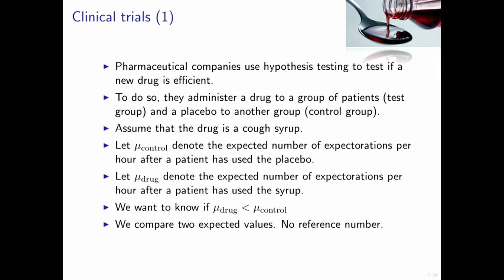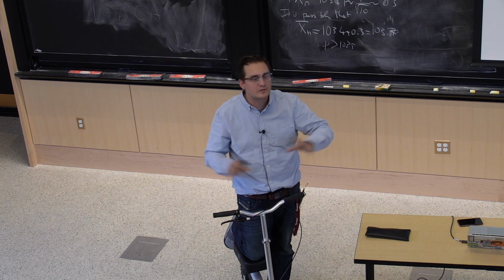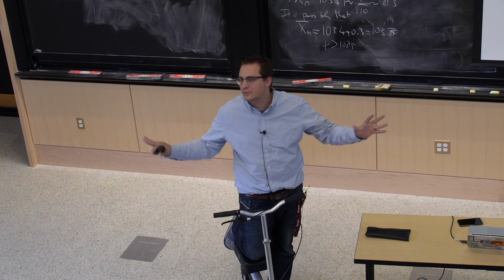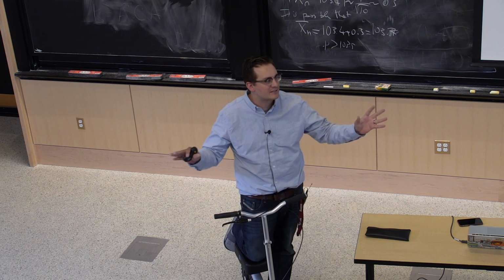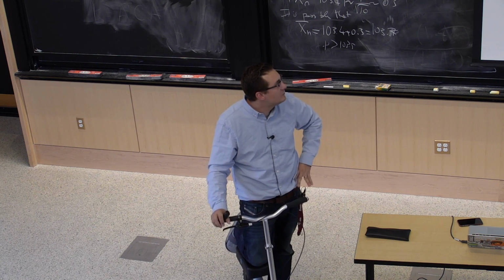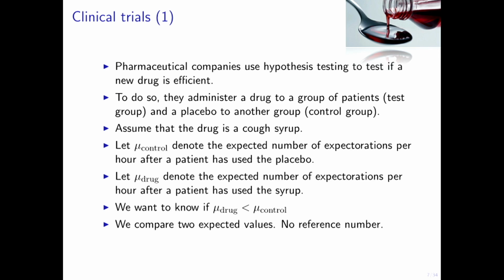So I have just the expected number, right? This is a number I don't know because I don't have access to the entire population of people who will ever take this cough syrup. And so I will call it mu control for the control group. Those are the people who've been given just sugar, like maple syrup. And mu drug are those people who are given the actual syrup.